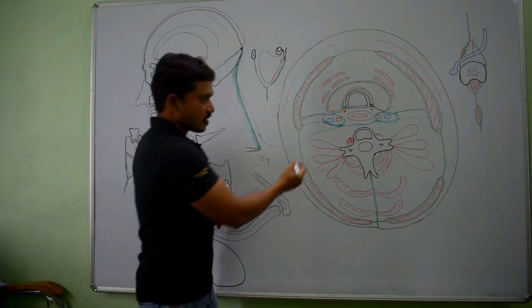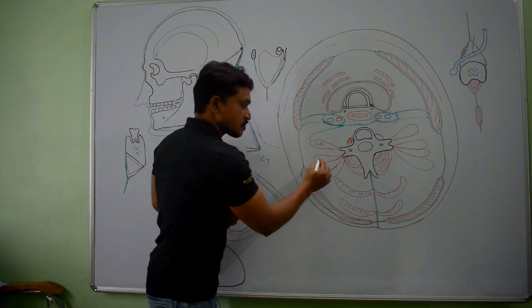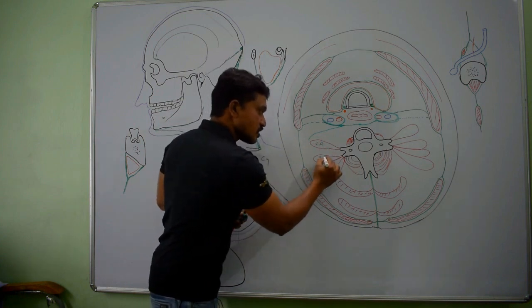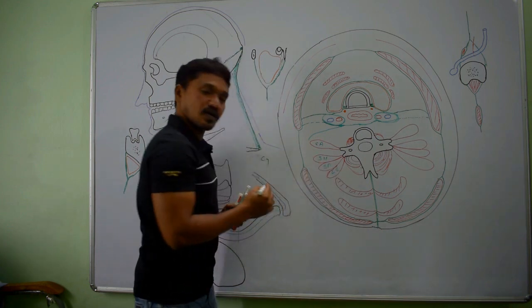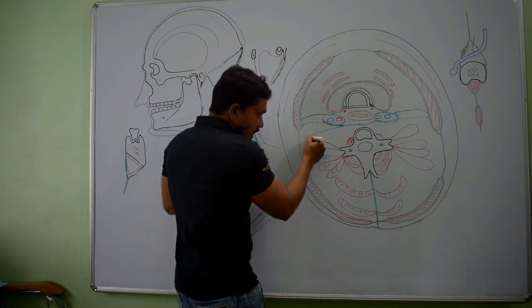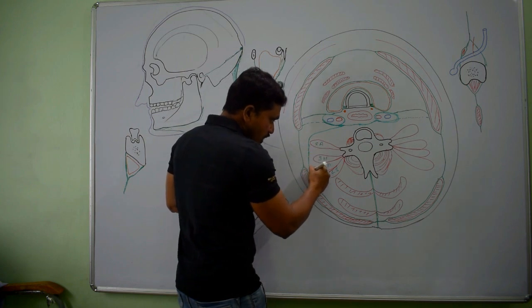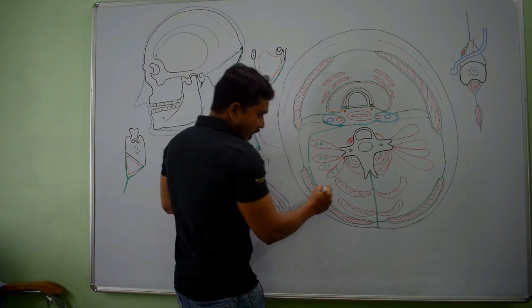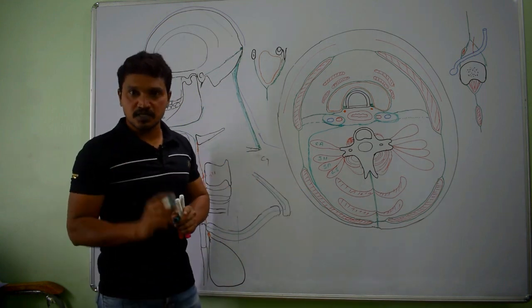That means what? See here, this is scalenus anterior, this is scalenus medius, scalenus posterior, levator scapulae. These muscles will be covered by the prevertebral layer, and it goes backwards and disappears under the cover of trapezius. It is disappearing underneath the trapezius muscle.